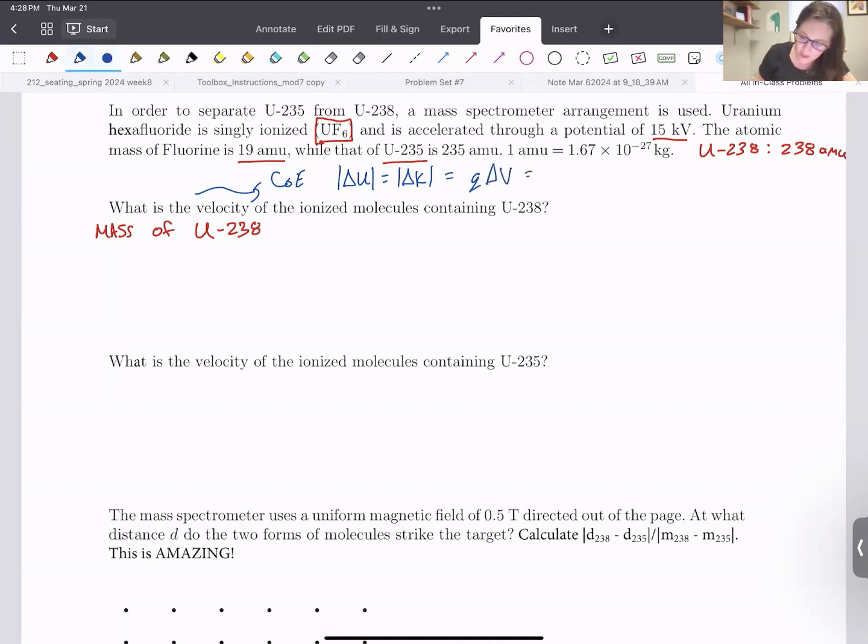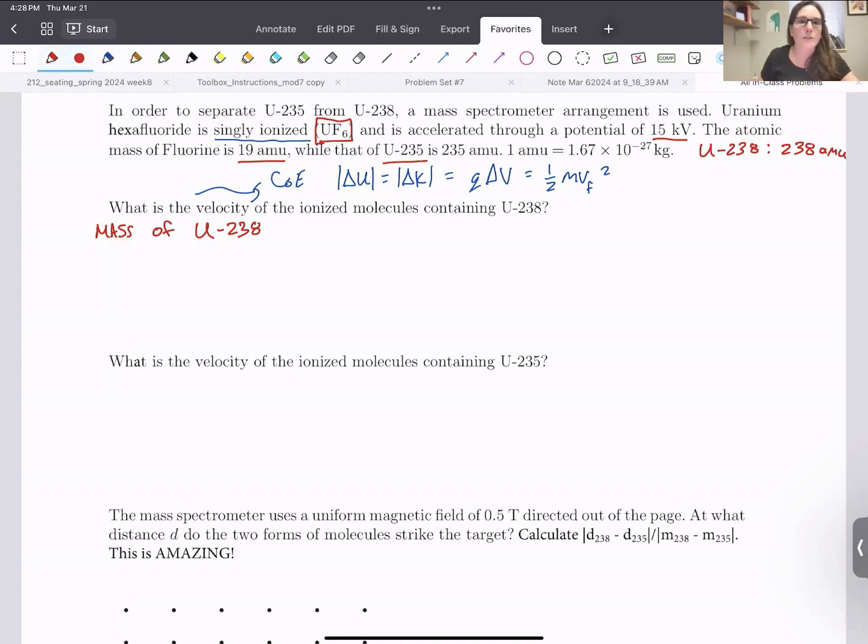Q delta V is going to be equal to 1/2 mV final squared. So I'm just doing the same old conservation of energy. I'm given Q because they're all going to be singly ionized. That says so here. And I know the delta V, I know the Q, I want V final, so I need the mass. So that's where we're at.